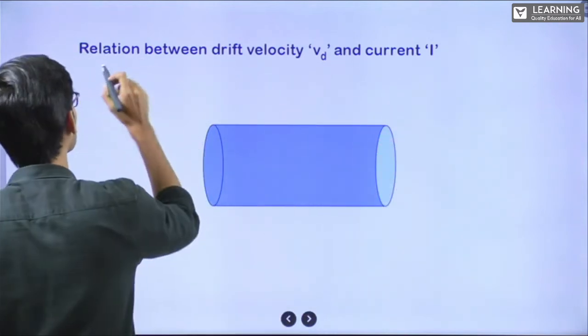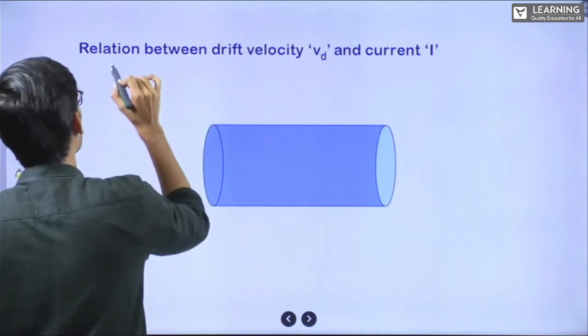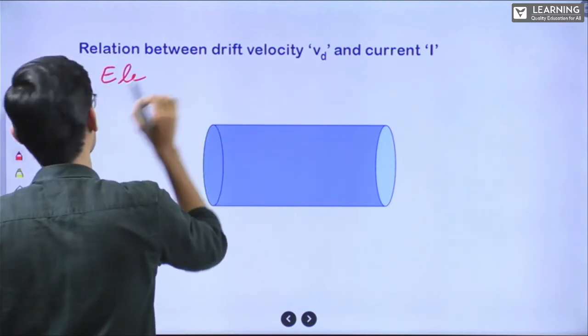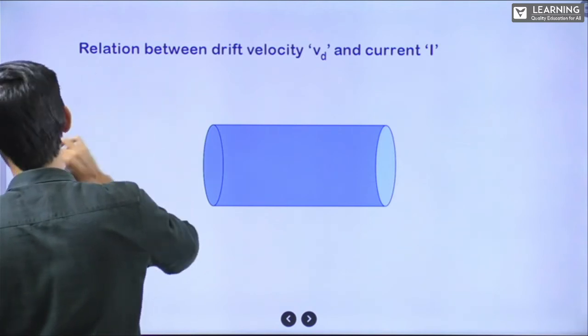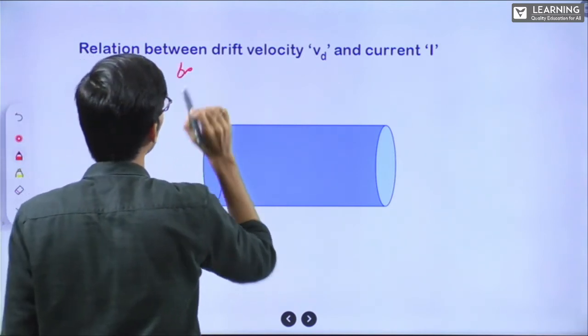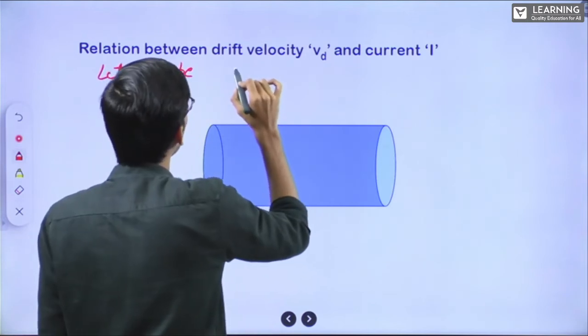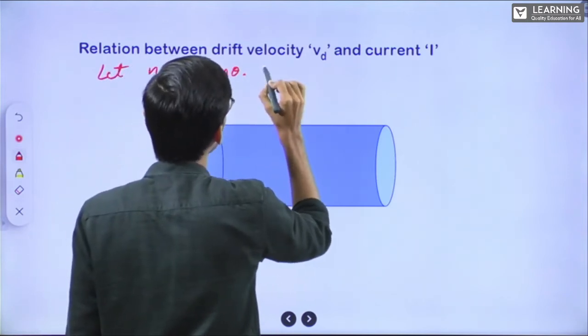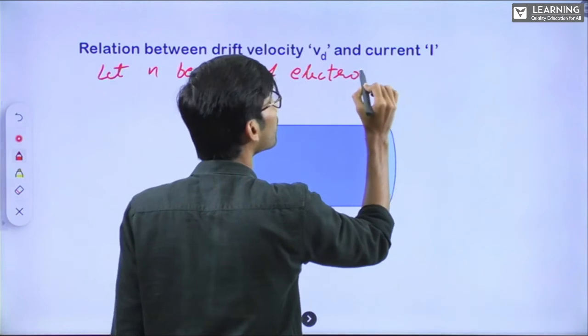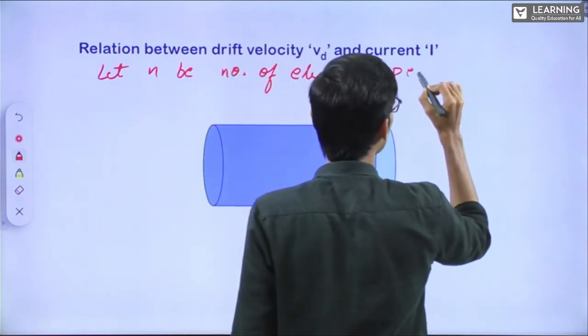In this conductor, let n be the number of electrons per unit volume.